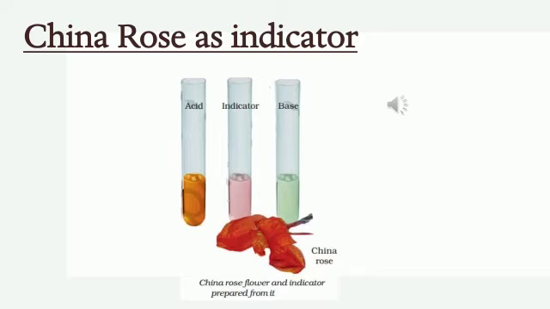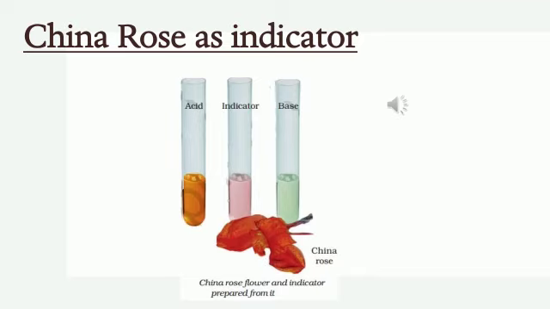We can't use the petals directly. We are dipping the petals in the warm water so that it gives out color in the warm water. And we need to use this colored water as an indicator.